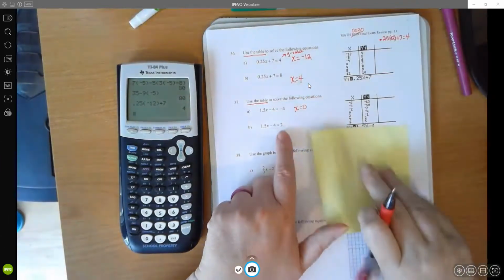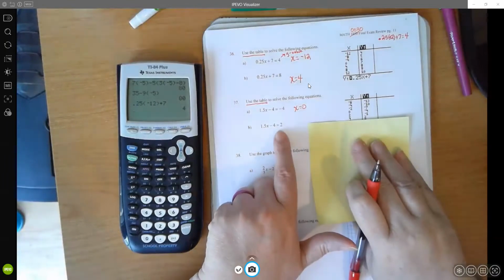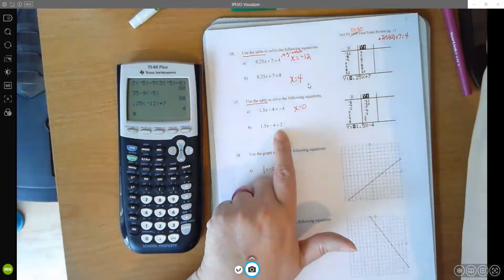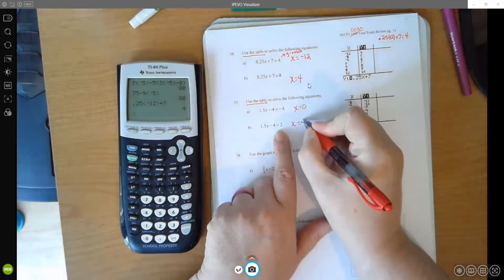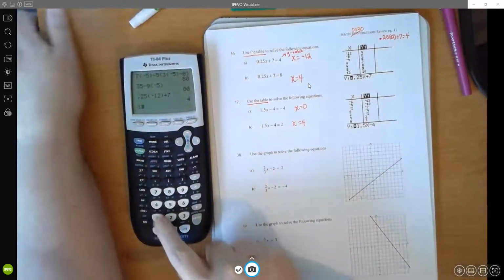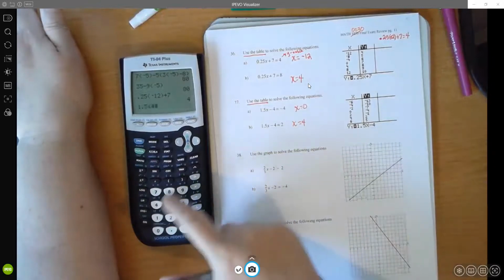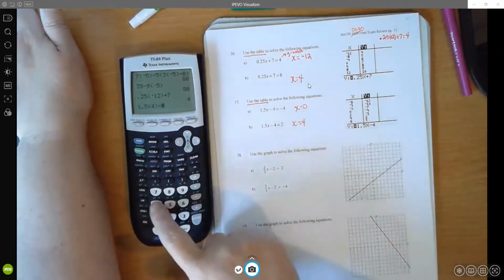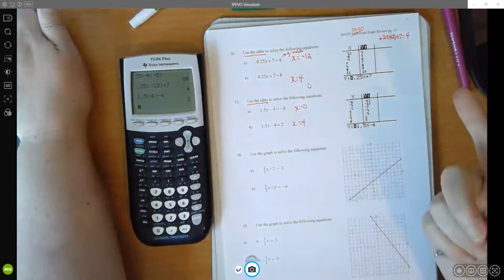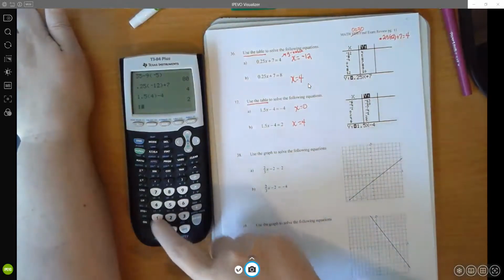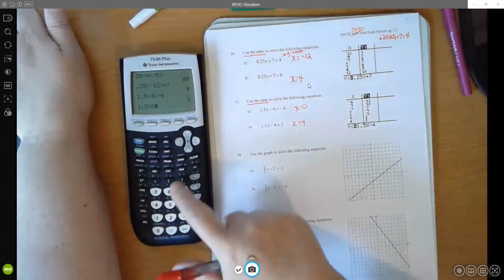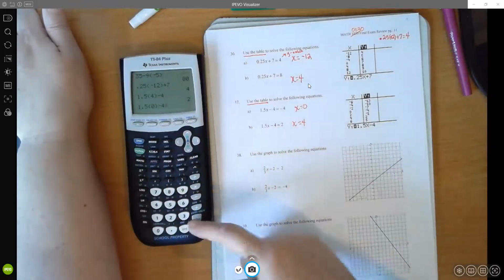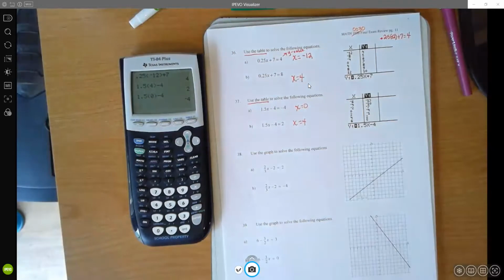And then for an output of 2, that gives me 4. And again, if you want to check it, 1.5 times 4 minus 4 gives me 2. 1.5 times 0 minus 4 gives me -4. So you can even check it if you want.